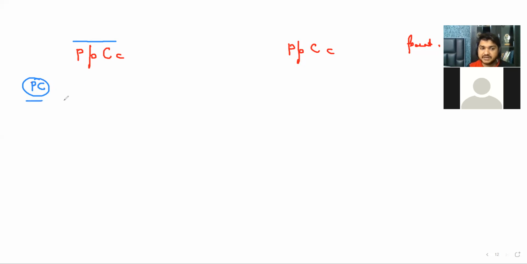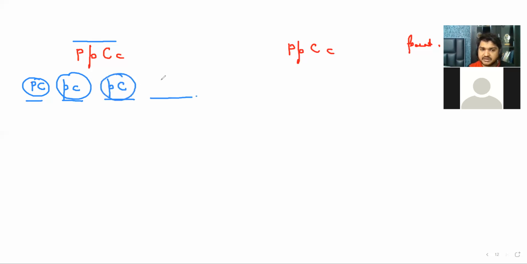What is the next gamete? Lowercase p, lowercase c. Okay. What is the other gamete? Lowercase p, uppercase C. And then big P, small c.